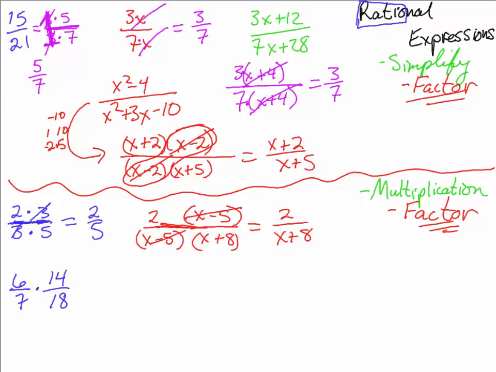Now you might be able to see that you could do 6 times 14 and get a great big number over here, and 7 times 18 get a great big number, and then we try to factor them. Why don't we do this right away? 14 is 2 times 7. 6 is 2 times 3. 18 is 2 times 9, which is 3 times 3. And 7, well, it's just 7.